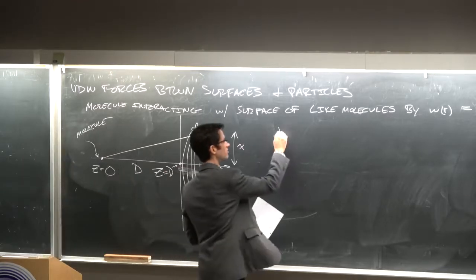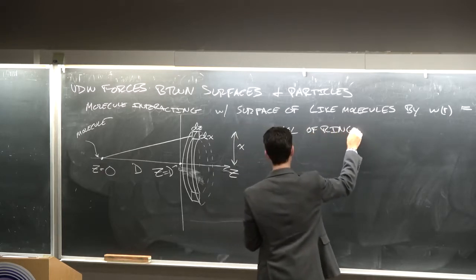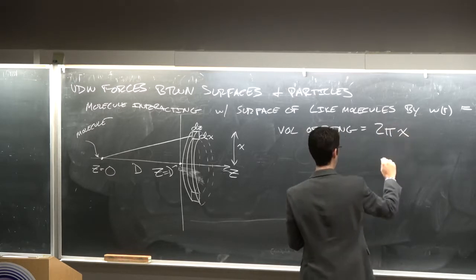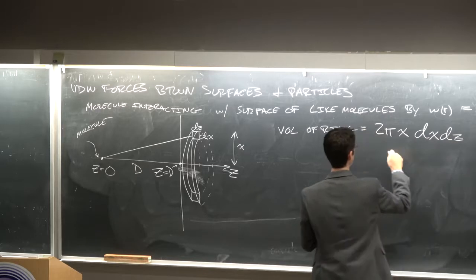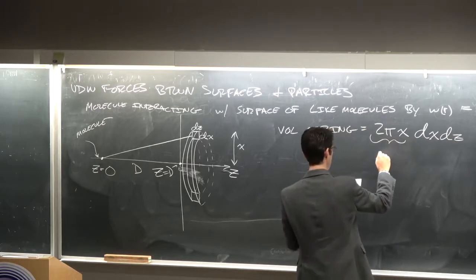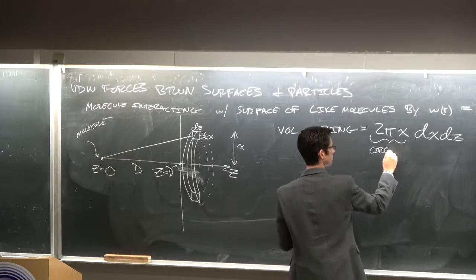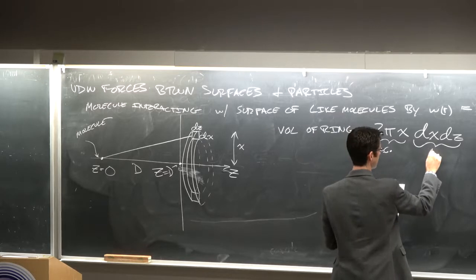And what we have is a volume of the ring equal to 2 pi x dx dz, where 2 pi x is the circumference and dx dz is the area.